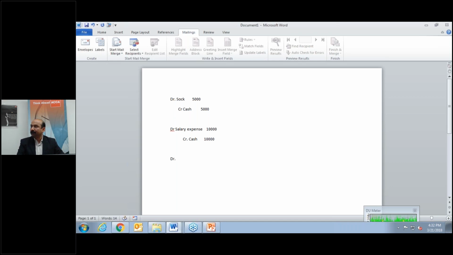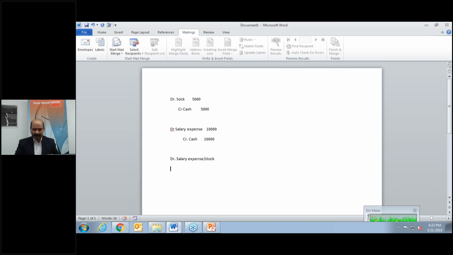For example, debit, whatever, like salary expense, as I mentioned on the first two entries, or like stock, whatever you are receiving, these accounts will be debited. This is the same as we have seen in the first two entries.